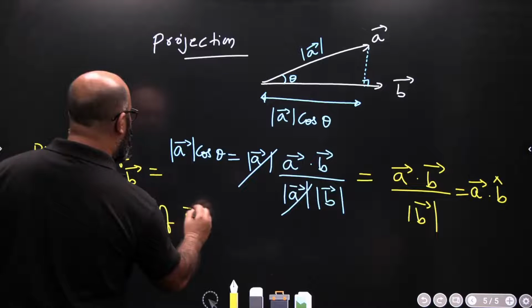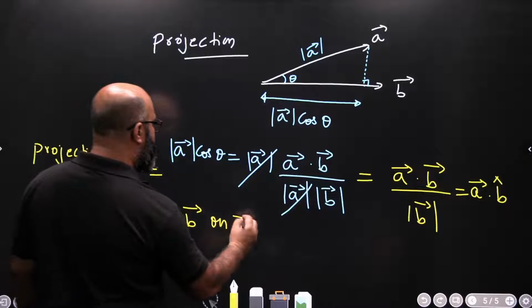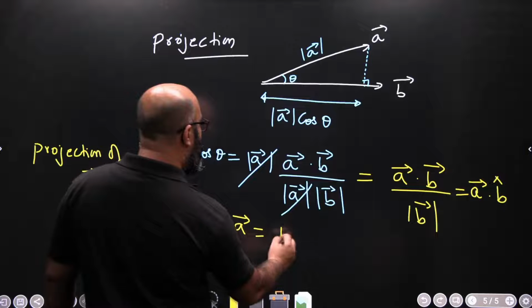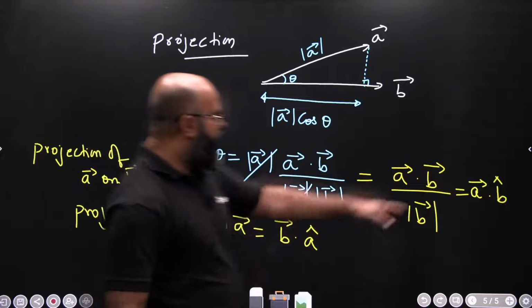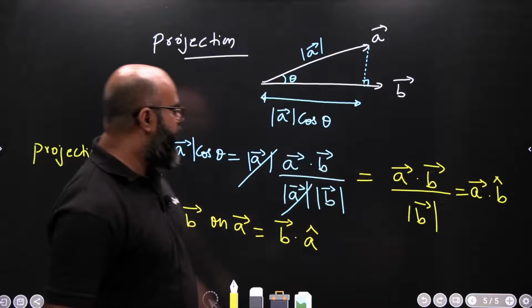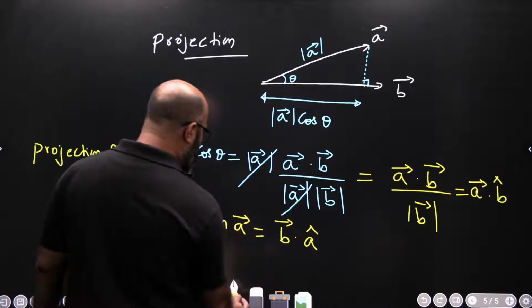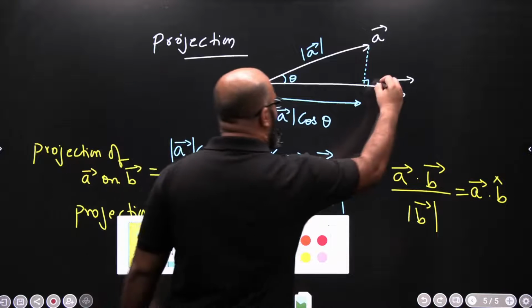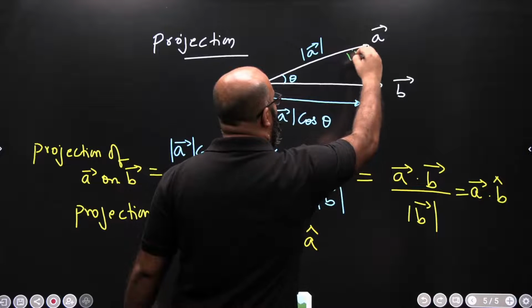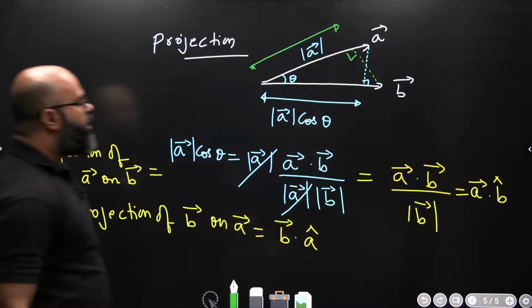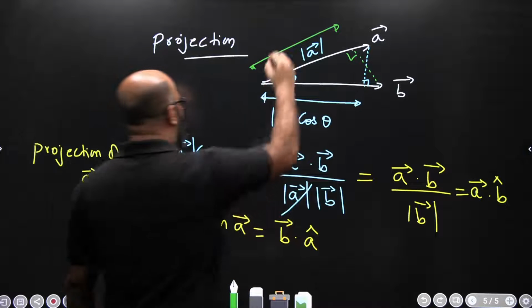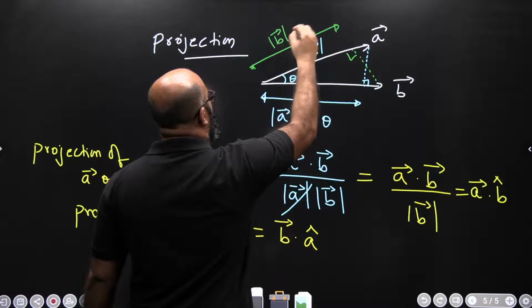If projection of B on A is asked, then it would be B dot A cap. So here it is A dot B cap, here it is B dot A cap, and the projection would be something like this, projected here, and in that situation this would be the length, that would be mod B cos theta.